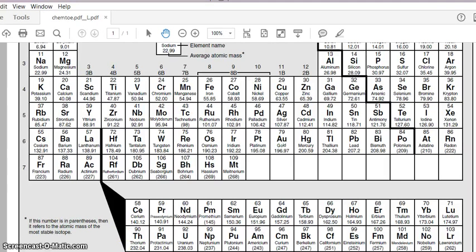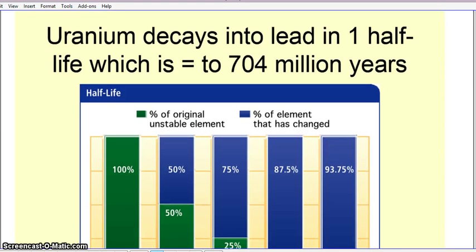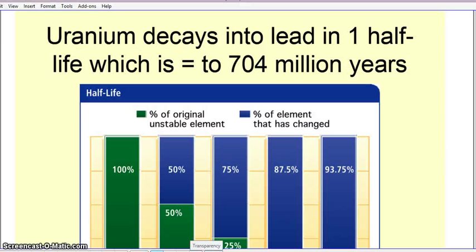It is a radioactive element, which I forgot you guys color that too. It'll change into lead, Pb, which is up here, 82, so it loses 10 protons.